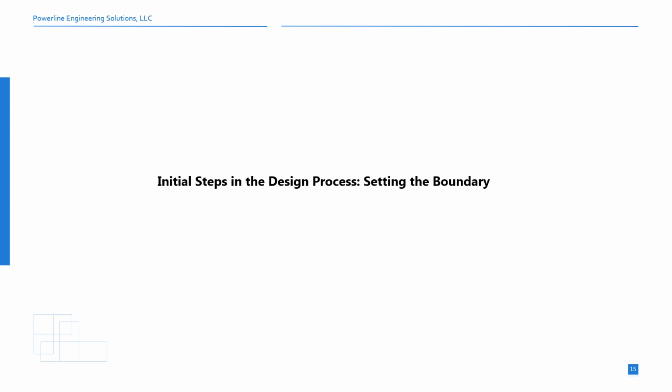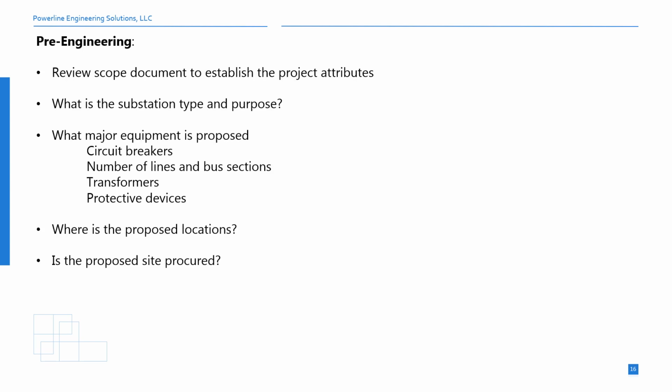We now look at the crucial initial steps that are needed in the design process, which will help establish the boundary conditions. Prior to commencing any engineering activities, it is important to review the scope of work document to establish the project attributes.